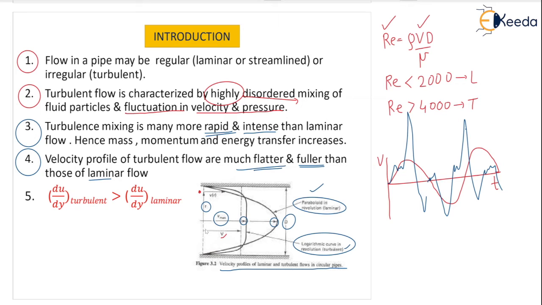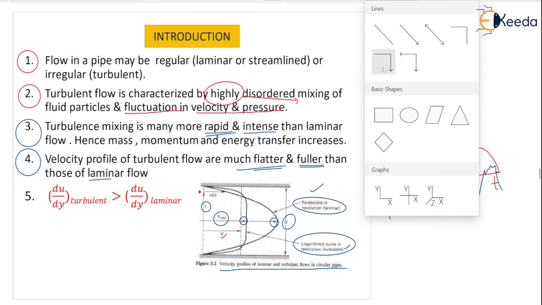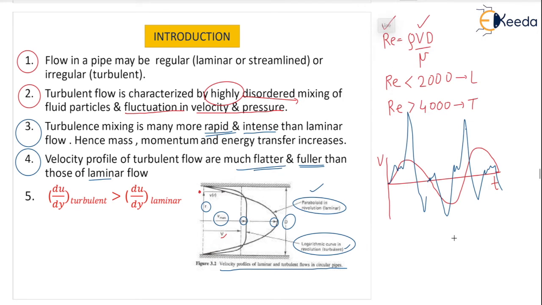So what is the conclusion out of this particular picture? From this we can conclude that the velocity profile of laminar flow is parabolic, whereas the velocity profile of turbulent flow is logarithmic in nature. Then the question is how to draw the logarithmic profile. You can see very clearly in the diagram the velocity profile for turbulent flow.